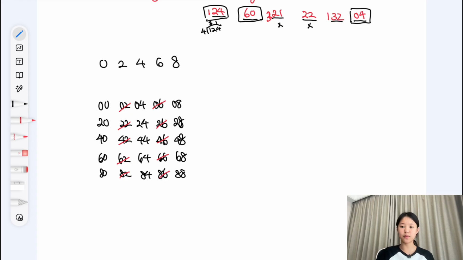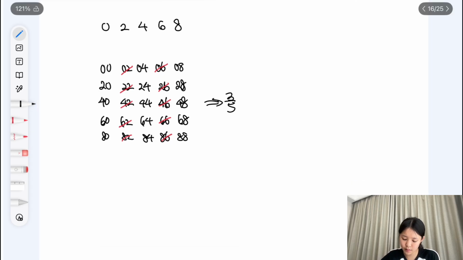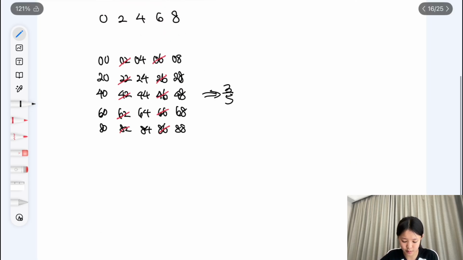And if you do this fairly quickly, you'll realize that in each row, there's only 3 combinations that are divisible by 4. So that kind of comes down to only 3 out of 5 can. And then some people might go ahead and keep finding how many combinations of the first 2 digits exist.